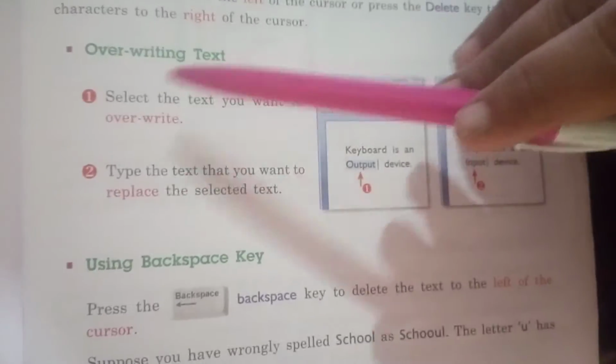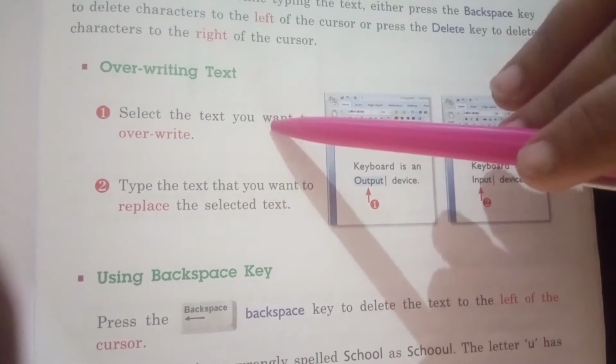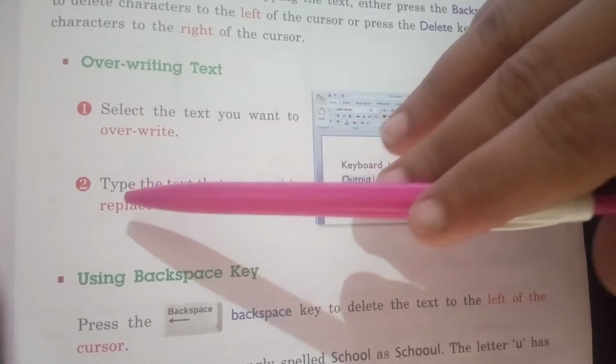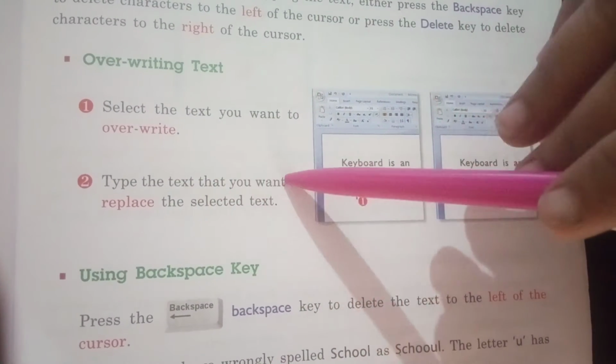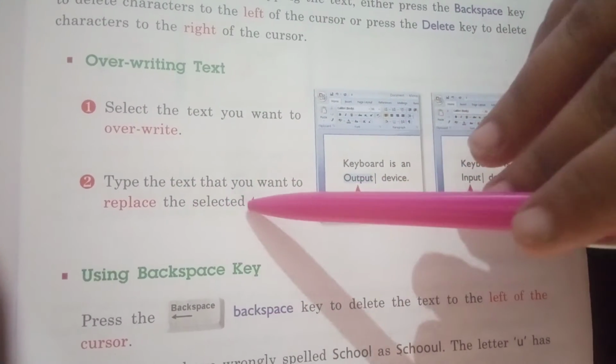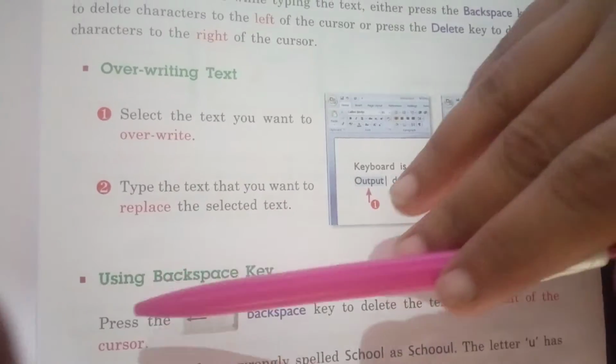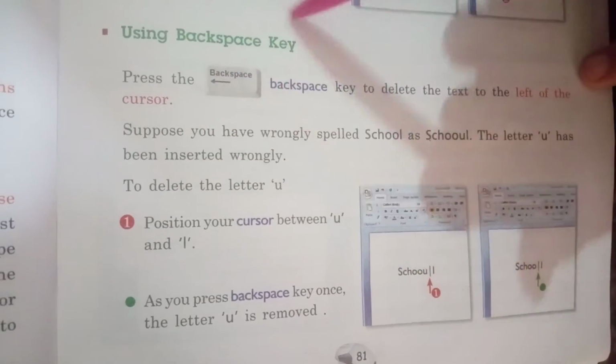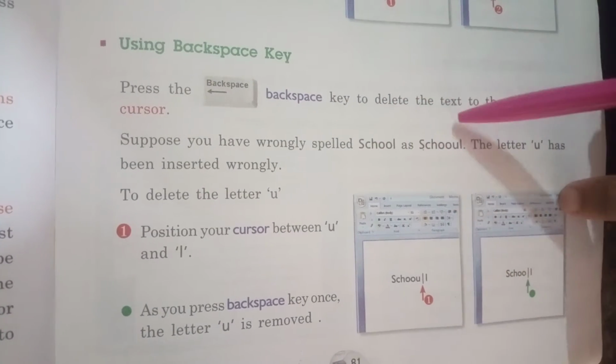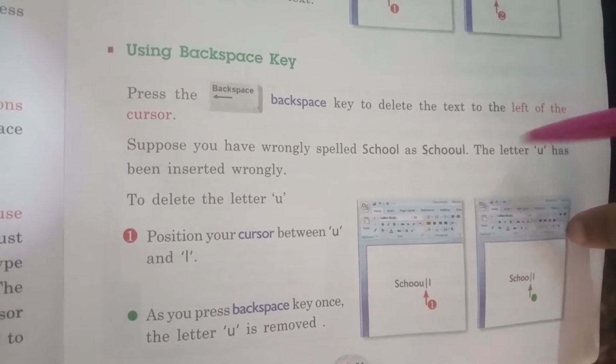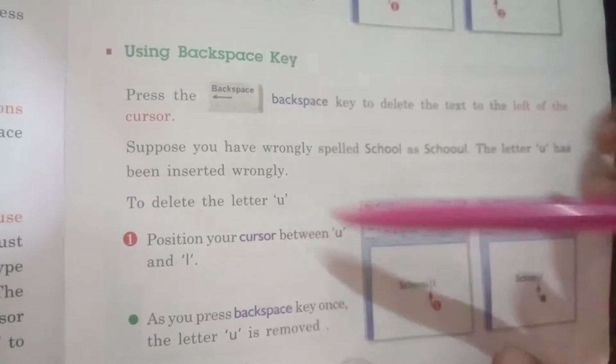Overwriting a text. Select the text you want to overwrite. Type the text that you want to replace the selected text. Now, using the backspace key. Press the backspace key to delete the text to the left of the cursor.